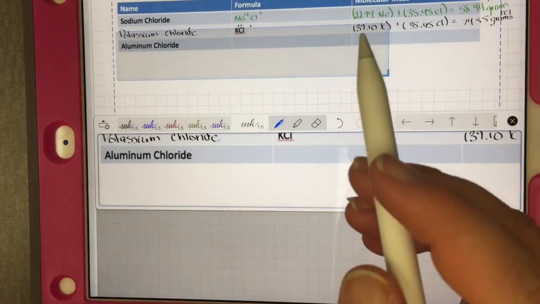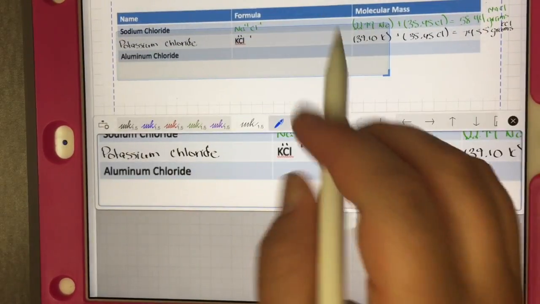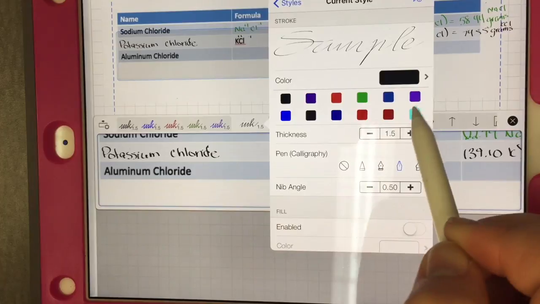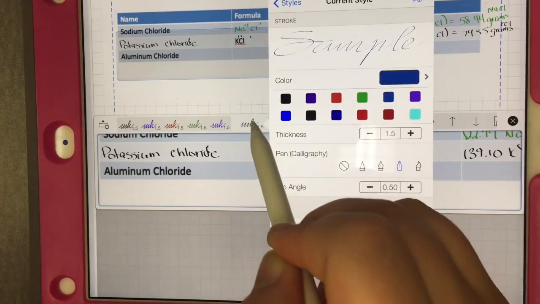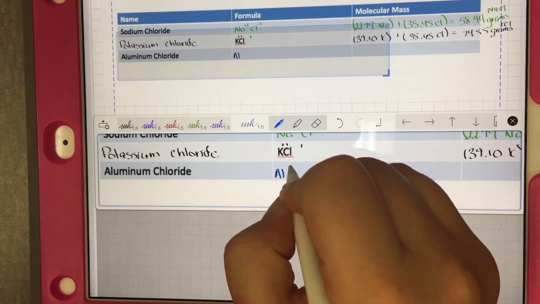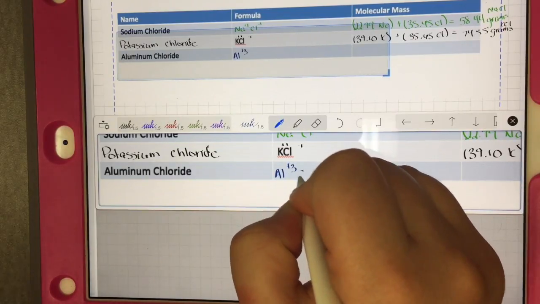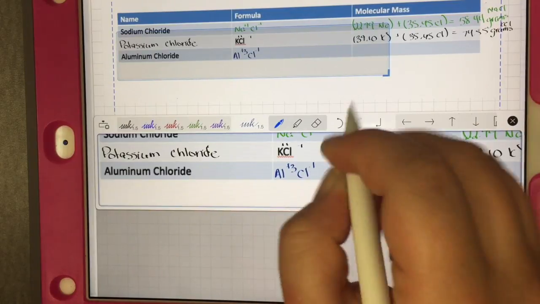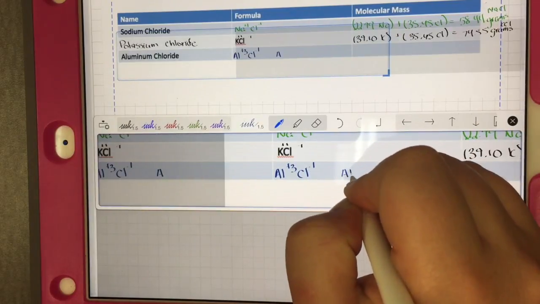Now we have aluminum chloride. Aluminum, our charge is +3. Cl is -1. So now we're going to have to cross our charges. So we're going to get AlCl3.